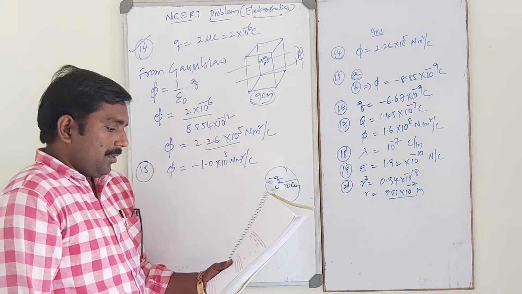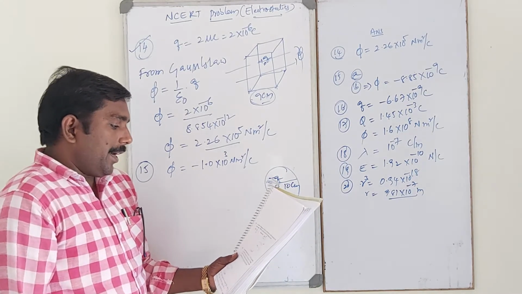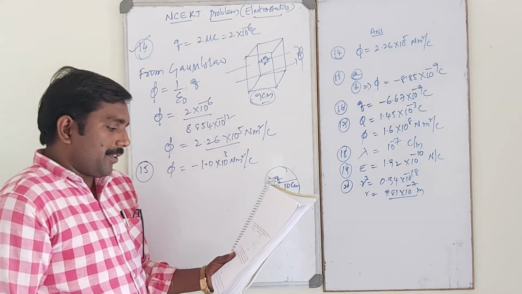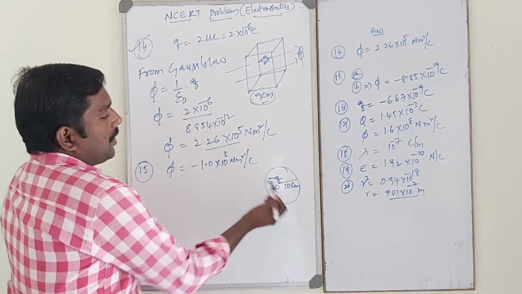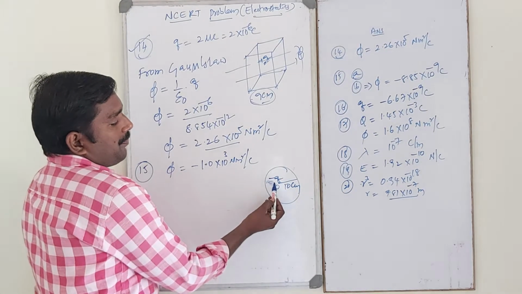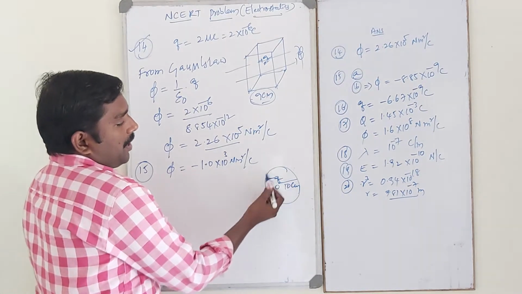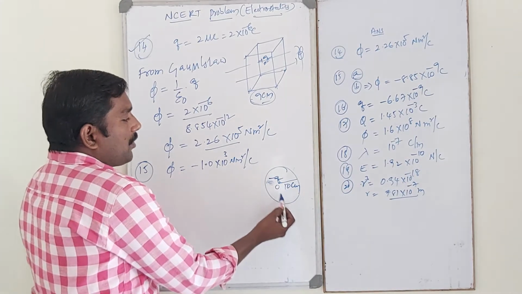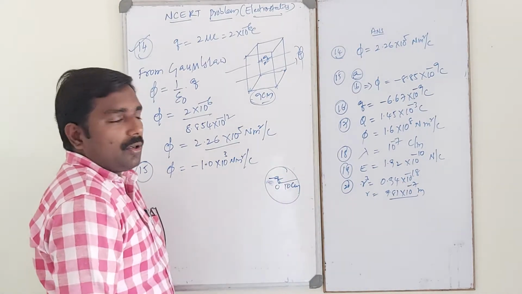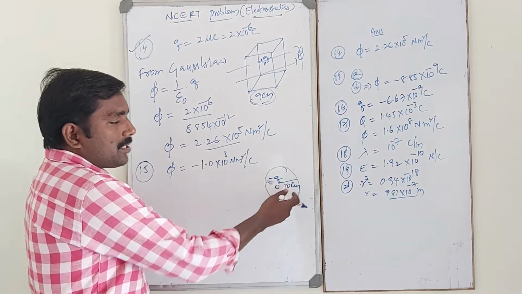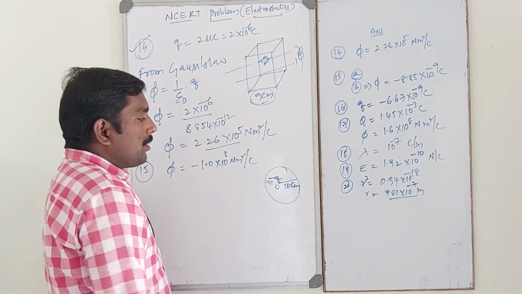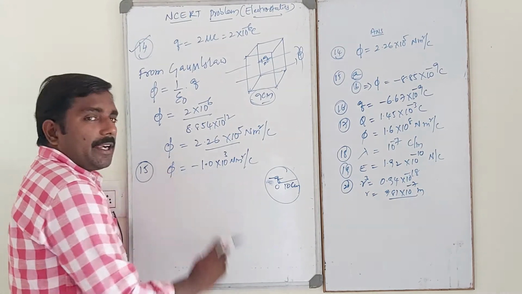If the radius of the Gaussian surface were doubled, how much flux would pass through the surface? See dear students, this is the charge placed at the center. If the radius were doubled, that is, 10 doubled means 20 centimeter, what is the electric flux?